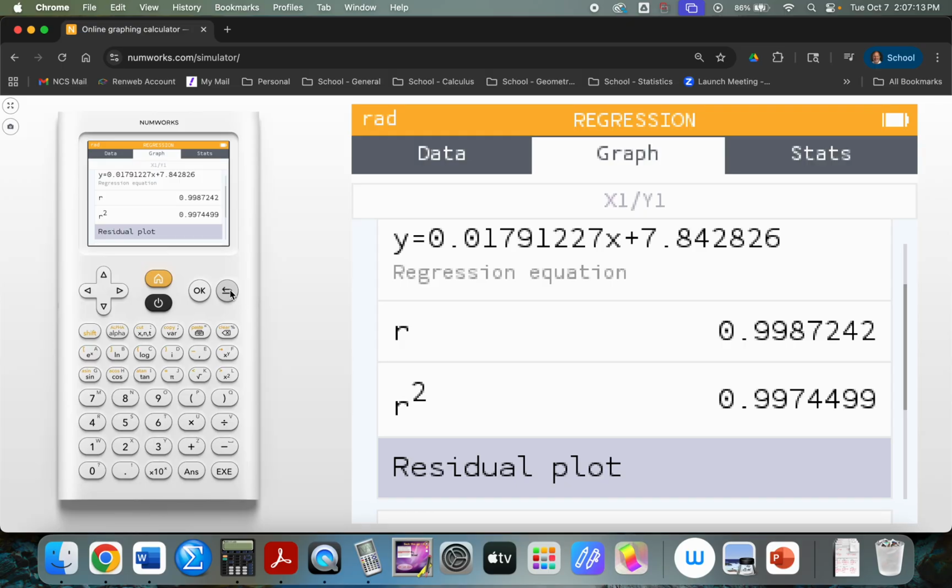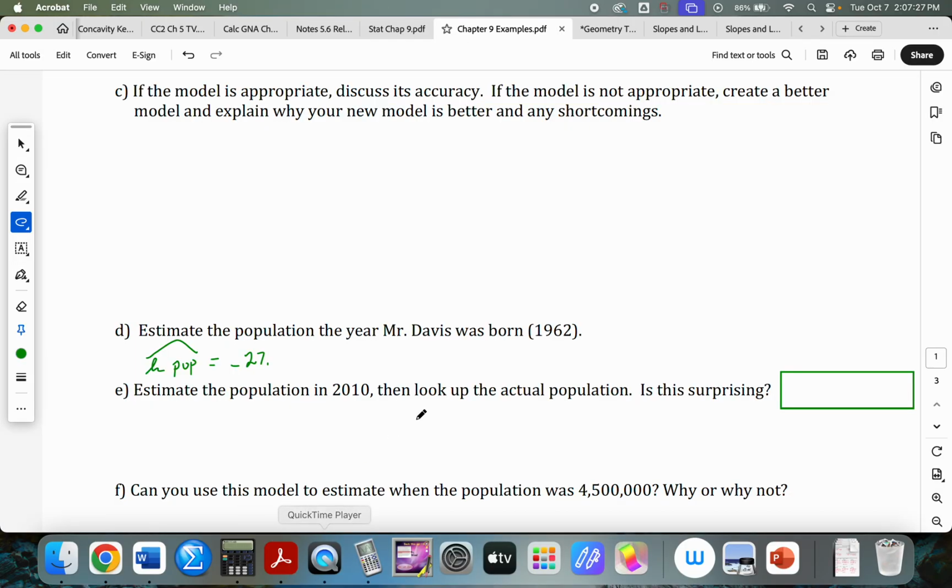All right, so, wait, 0.017? Sorry, I was looking at the wrong one. I think it's plus 7.8. So what was it? 0.0179. 0.0179, thank you.